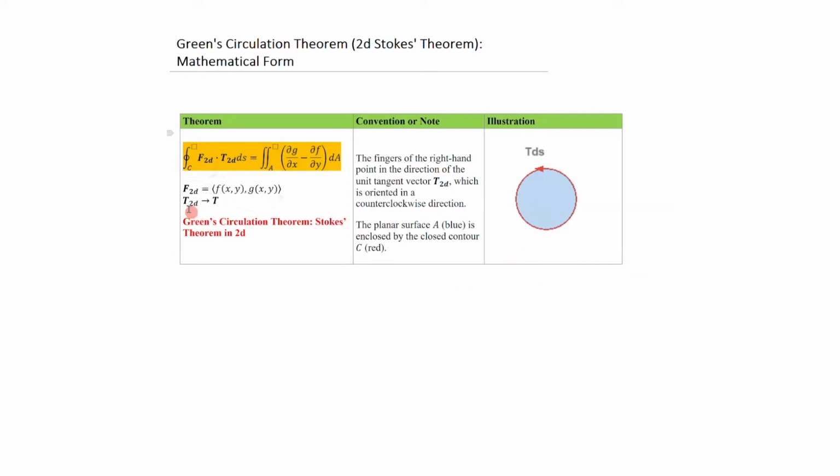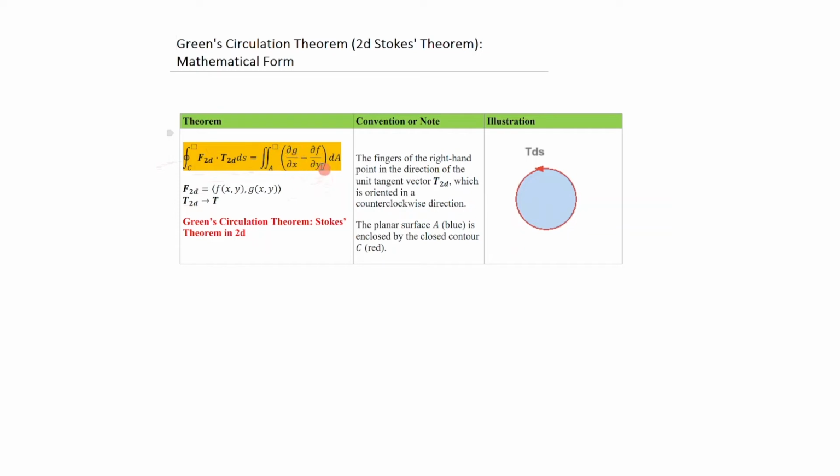The t of 2D is equivalent to t. Basically, we're just going to interchange these two. It's understood that the tangent vector here is going to be a 2D vector. If we take the dot product of the field vector in 2D and the tangent vector, the result is a scalar, and integrating that scalar function around the closed contour is equivalent to taking this expression here: g partial x minus f partial y.